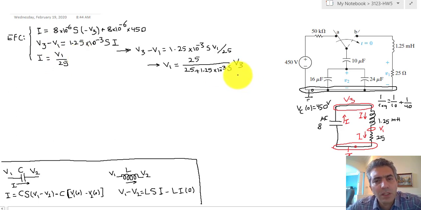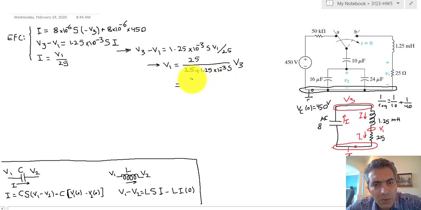Now to simplify this equation so that you don't work with these really small numbers, you can divide both numerator and denominator by 1.25 times 10 to the minus 3. That's usually something that I recommend because it helps. So 25 divided by 1.25 times 10 to the minus 3 is actually 20,000.